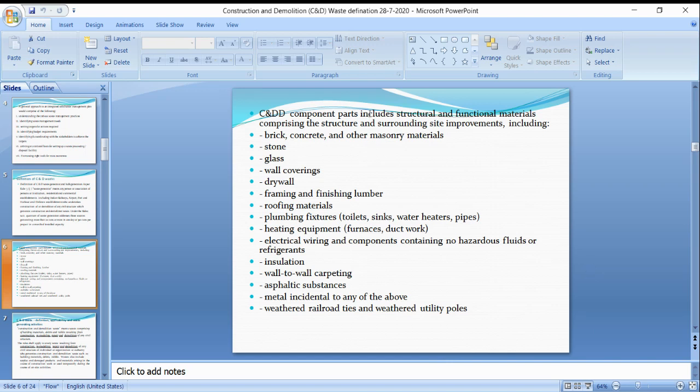So all these are the materials generally found in construction. In construction, you will find brick, concrete, glass, stone and dry walls and insulators, and metals. If you go for railroads, you will find the weathered railroad ties and the weathered utility poles. These are generally the component materials used in construction.